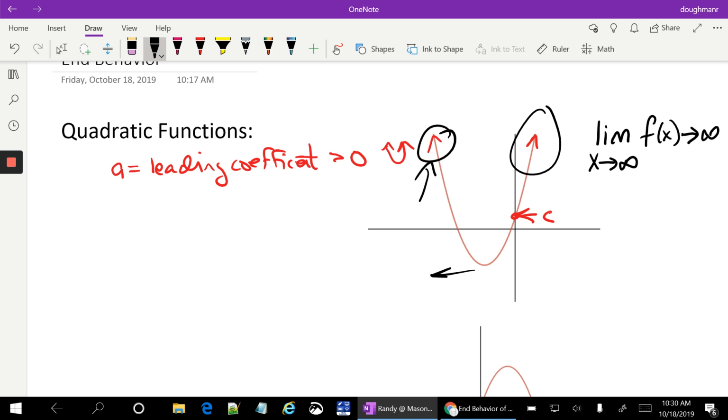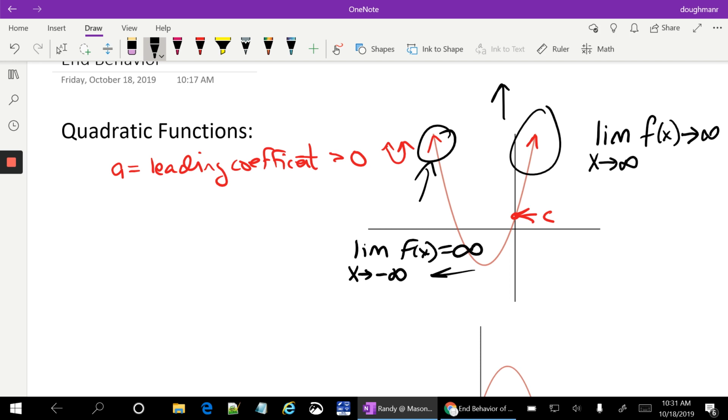Now we say the limit as x goes to negative infinity of f of x. Still, we're going up, larger and larger positive infinity in the output. So that one goes to infinity. It's positive infinity.